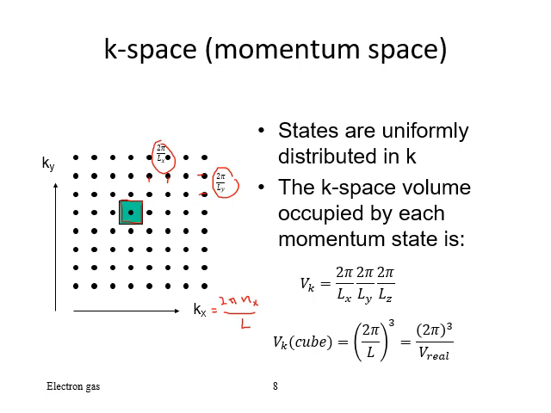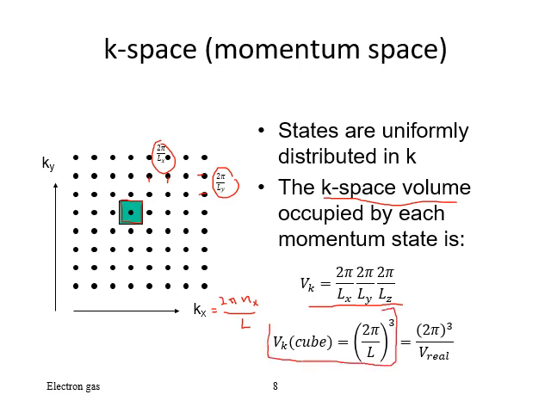In 3 dimensions, the K space volume occupied by each momentum state is, so I'm going to write K space volume here, 2 pi over Lx, the size in the x direction, 2 pi over Ly, size in the y direction, 2 pi over Lz, the size in the z direction. So this does not have dimensions of volume. In fact, it's got dimensions of 1 over volume. But if I label it as sub k, it means on these axes, the space that's occupied by one of these states is that product.